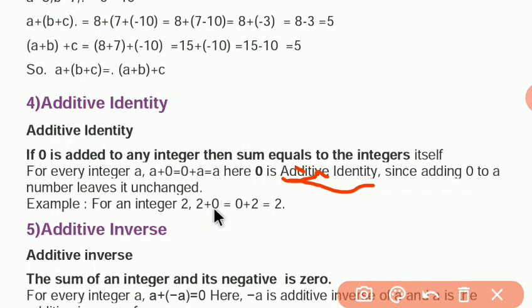Since adding 0 doesn't affect the given integer, we got the same answer as 2 only. So 2 plus 0 is equal to 0 plus 2, which is again equal to 2. So which is the additive identity here? 0. If we add 0 to any integer, we get the same answer.